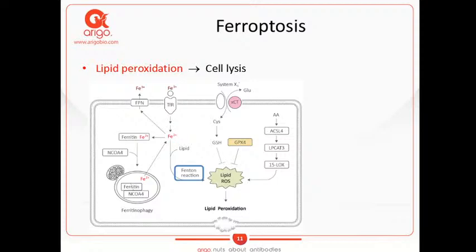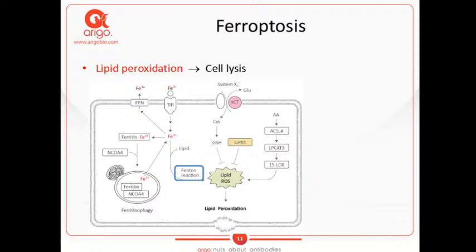The lipid ROS result in lipid peroxidation, which breaks the structure of the plasma membrane and results in cell death. This type of cell death is called ferroptosis because ferrous iron is important in this process.